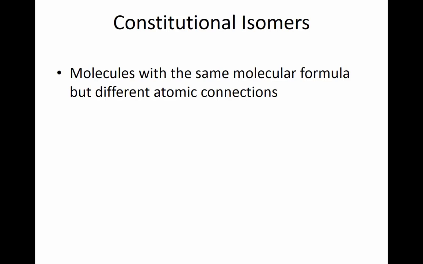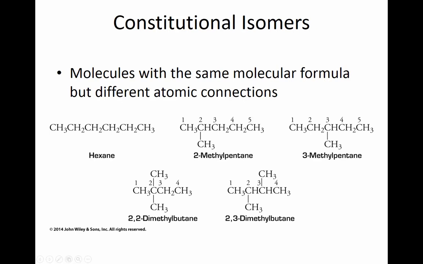Constitutional isomers, again, are molecules with the same molecular formula but different atomic connections. We already talked about some of these. Here's an example. These are all C6 molecules, and they all have the same number of hydrogens. But we've got hexane, 2-methylpentane, 3-methylpentane, 2,2-dimethylbutane, 2,3-dimethylbutane.